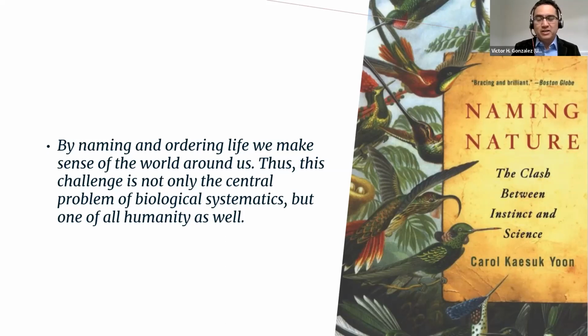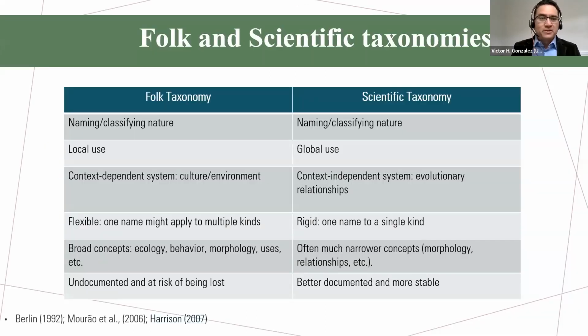And as Jesse mentioned, I am a bee taxonomist, and I do this as part of my job. So in this table, I wanted to compare the folk taxonomy and the scientific taxonomy in different aspects.